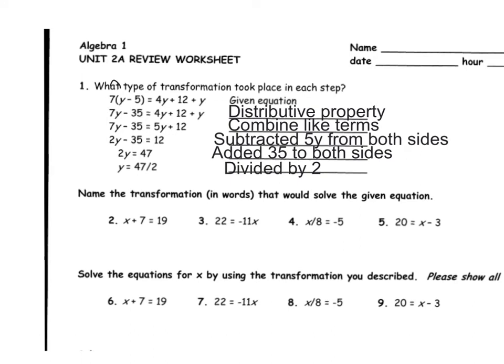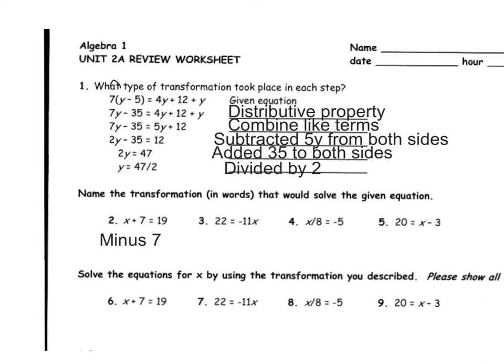Number 2 says, name the transformation in words that would solve the given equation. In the first one, to isolate x they need to minus 7. So my answer for number 2 is minus 7.